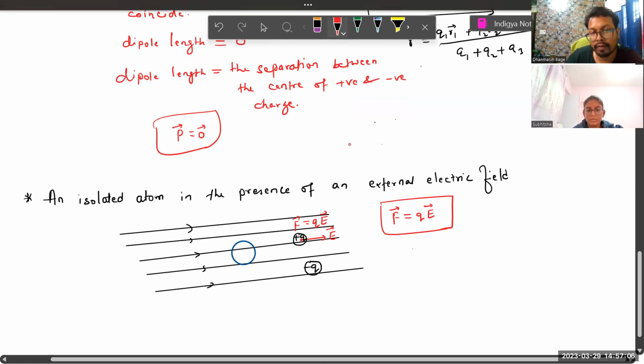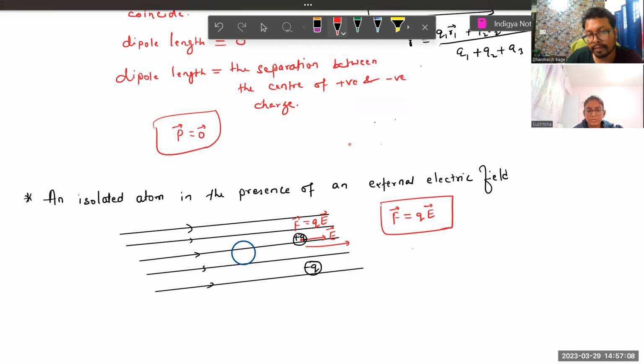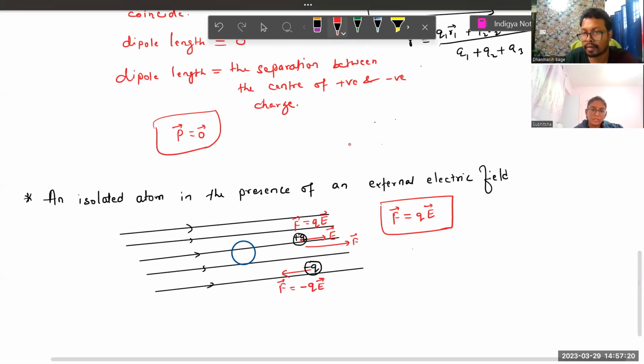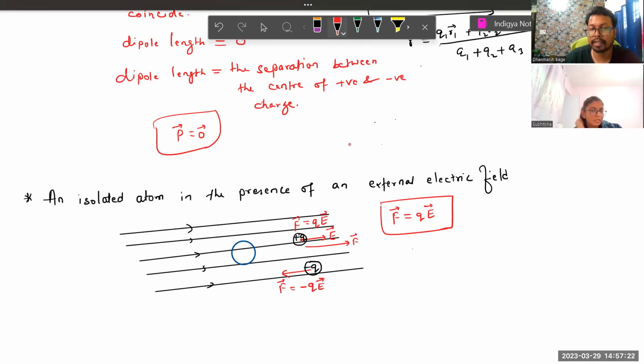So here, force is in this direction. But here, force will be in this direction, because it is minus QE. When you're using the vector sign, then you have to use the sign of the charge.